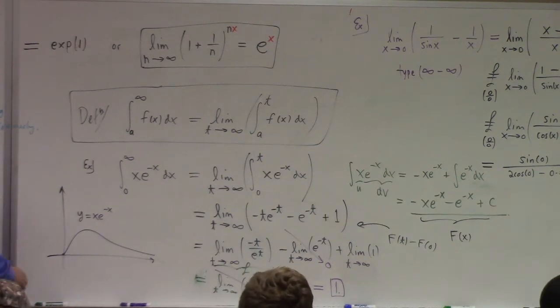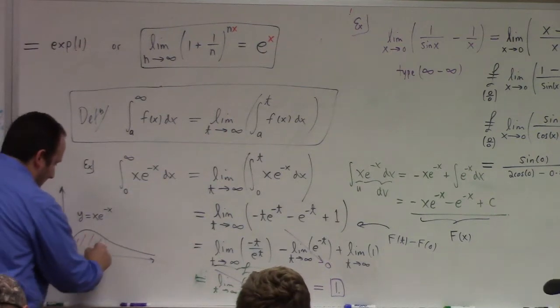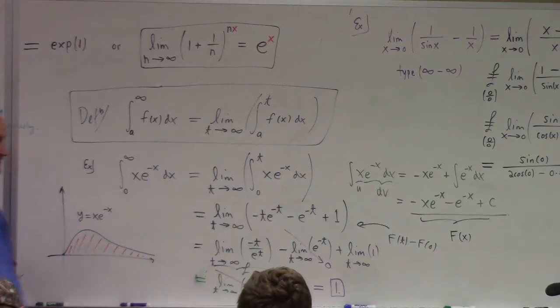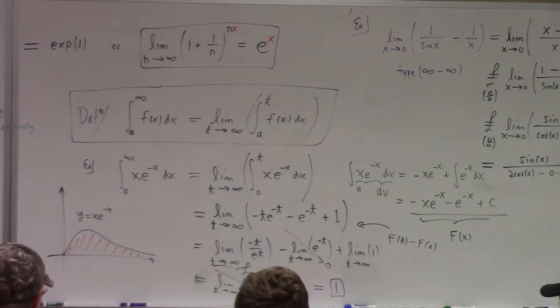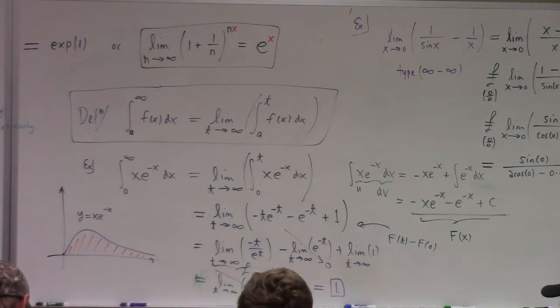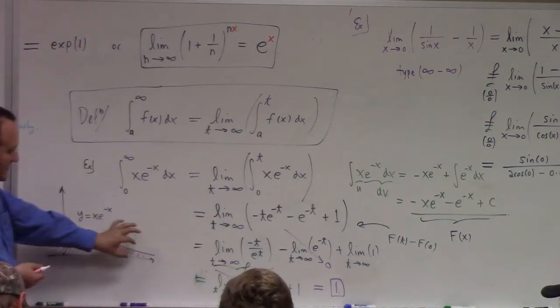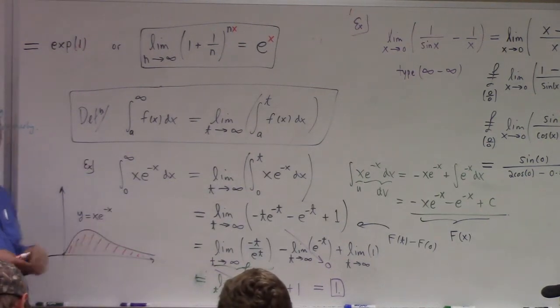What this calculation says is that the area under this curve, which has infinite length but finite height, works out to be a constant: the area under that curve is 1. Even though one of the sides involved is infinitely long, the height also becomes infinitely small as you approach that asymptote.